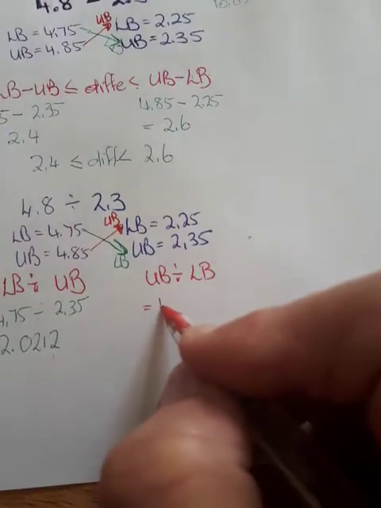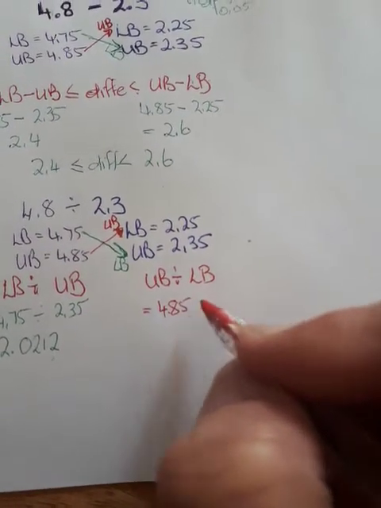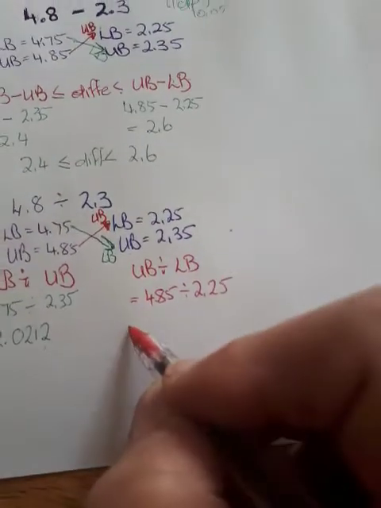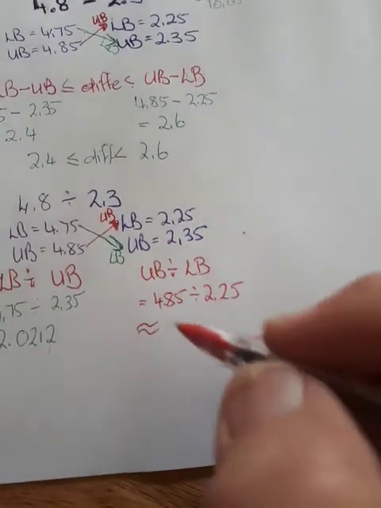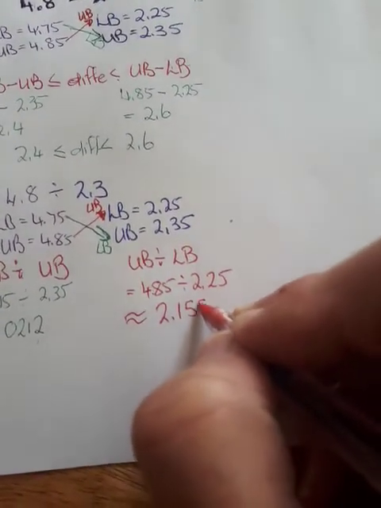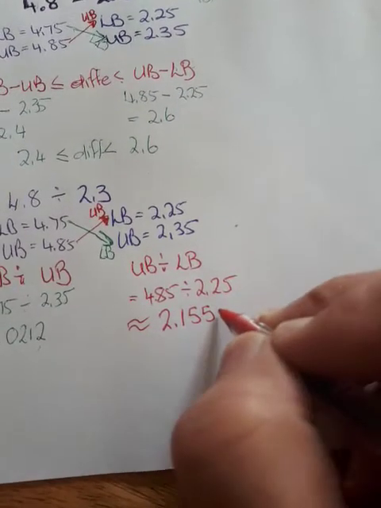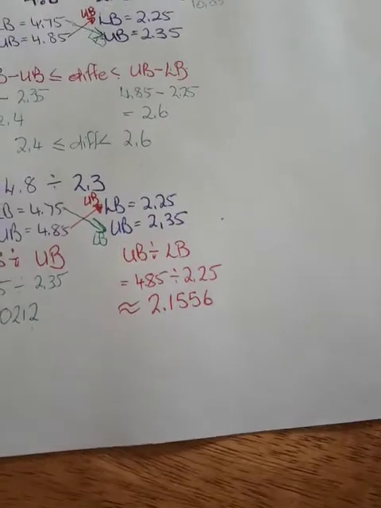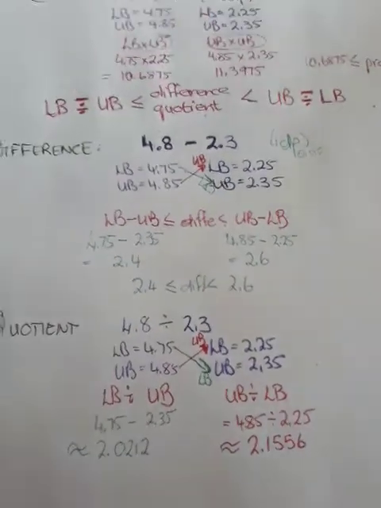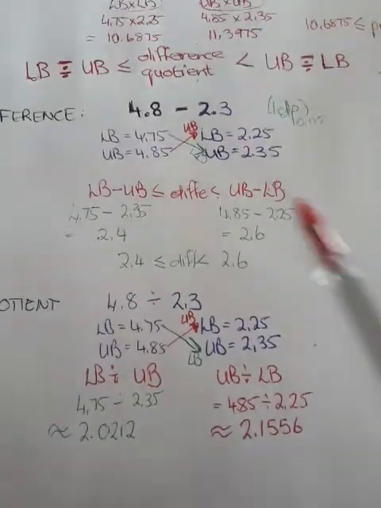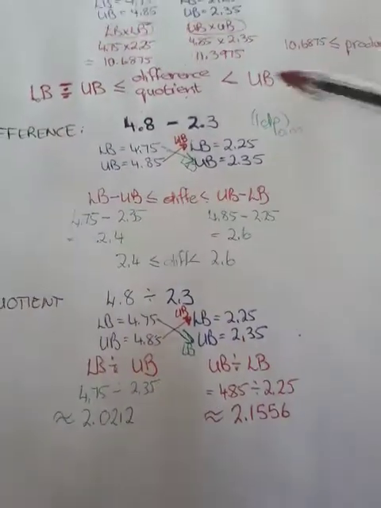So that is 4.85 divided by 2.25, and when we calculate that, it gives us an approximated number of 2.1556, a rounded number.